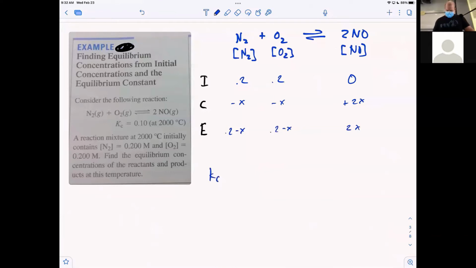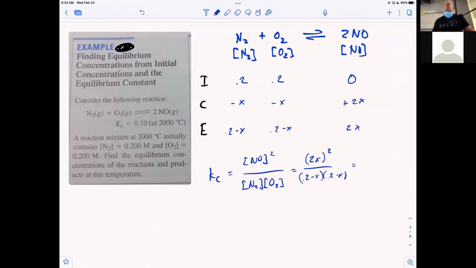So our Kc is going to be the concentration of NO squared over the concentration of N2 times the concentration of O2, which equals 2x squared all over 0.2 minus x, 0.2 minus x.